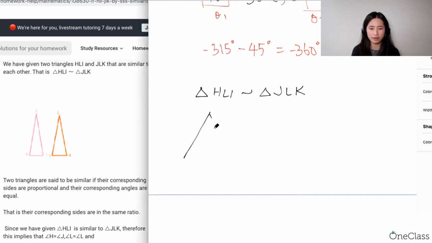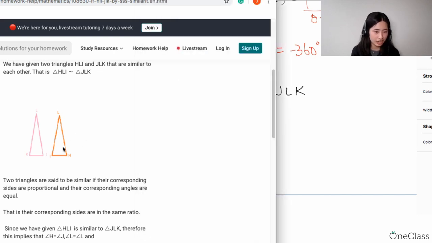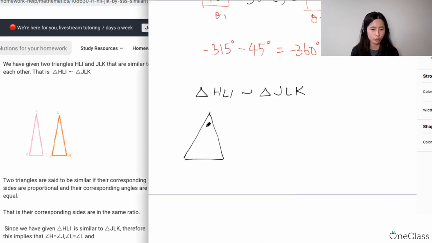So if you have HLI, apparently the second triangle is HLI, but I'm going to write that as the first triangle. So we have H and you have L and this is I, and then you have JLK rather. So yeah, when two triangles have proportional sides, they're not saying that they're congruent or equal to one another.